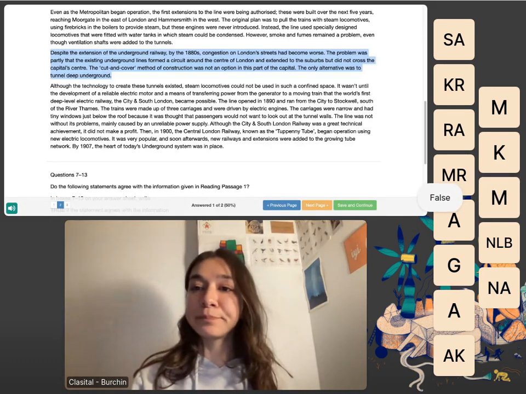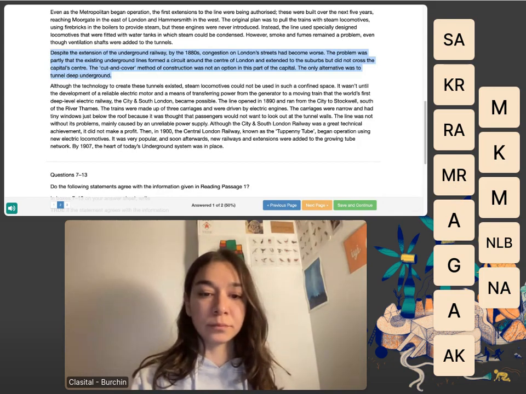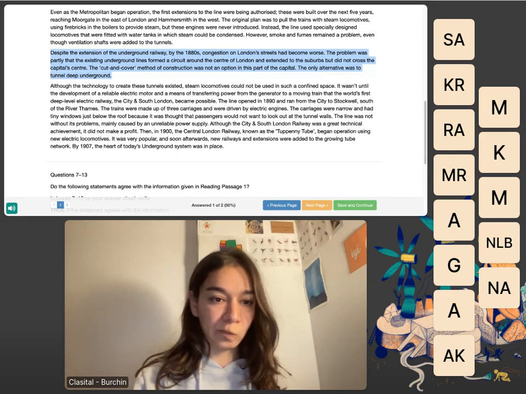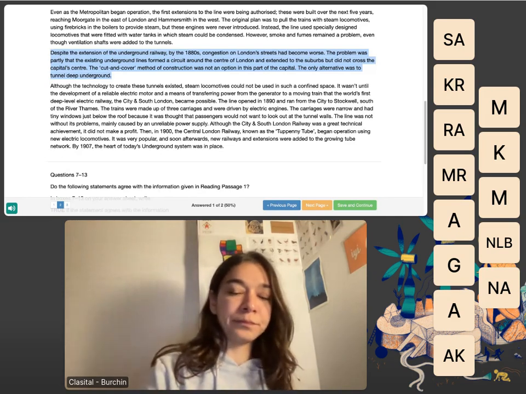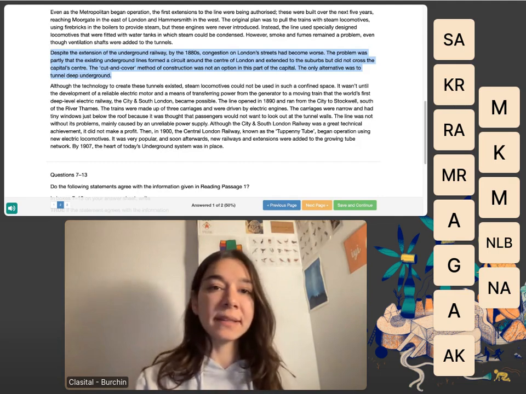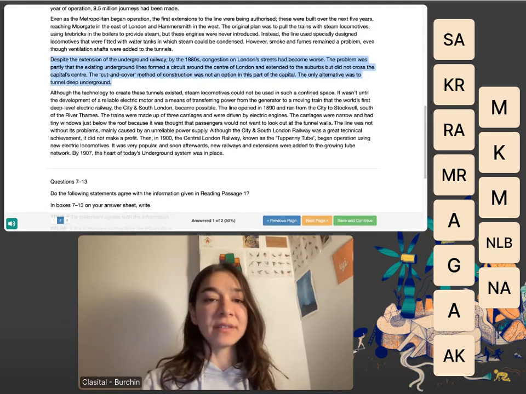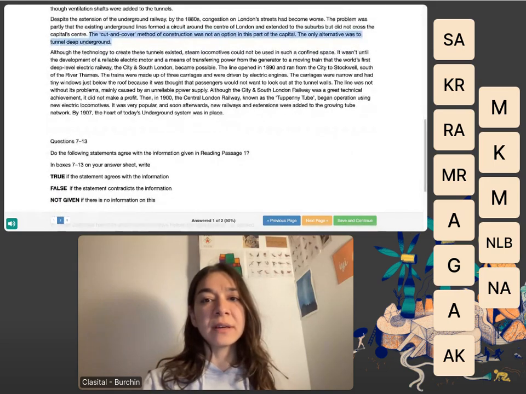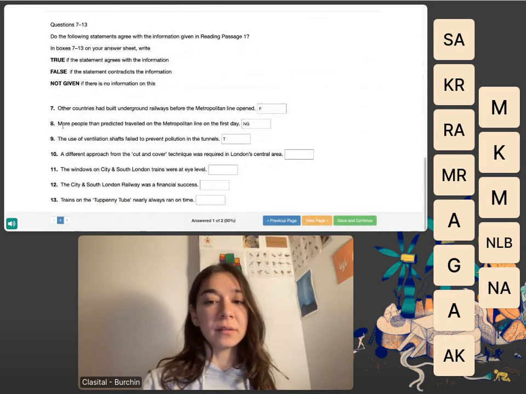Very good answer. Yes, I have clear evidence here. It says the cut and cover method of construction was not an option in this part of the capital.